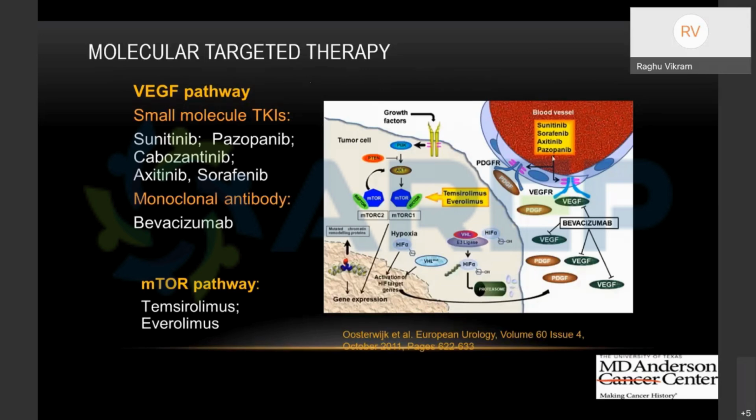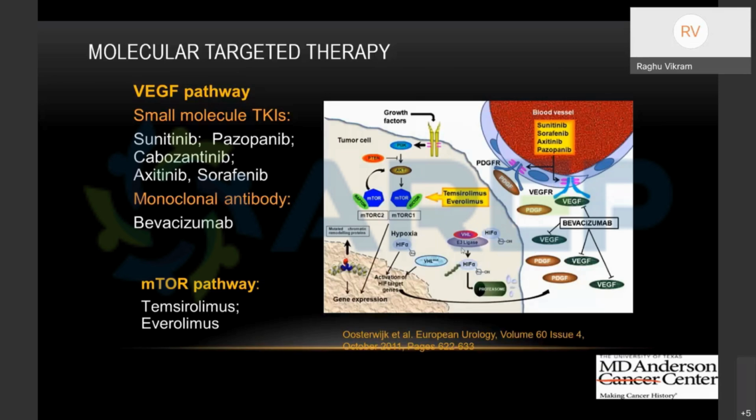They are usually small molecule tyrosine kinase inhibitors like sunitinib, pazopanib, axitinib, and all these things. They act at the receptors of the VEGF, or you can have a monoclonal antibody, bevacizumab or Avastin, which acts on the VEGF molecule itself, or down the line along the pathway in the mTOR pathway, where temsirolimus or everolimus can act.